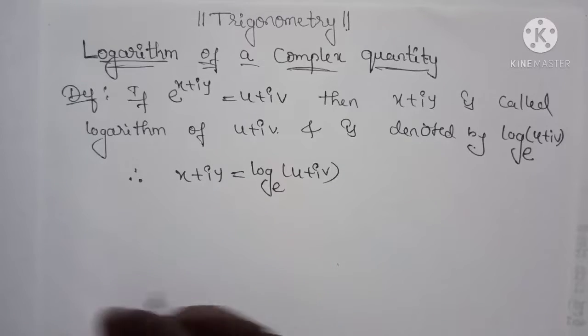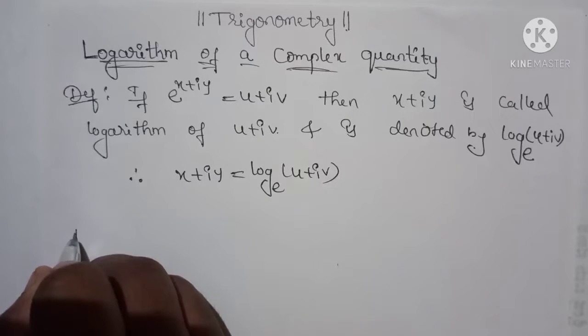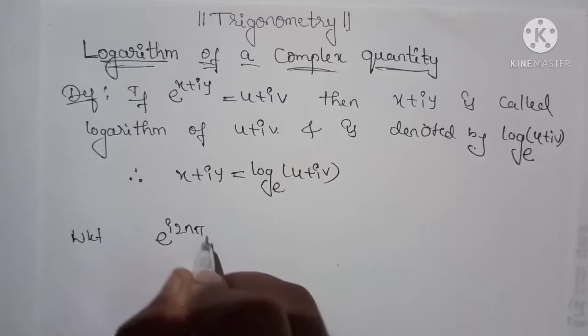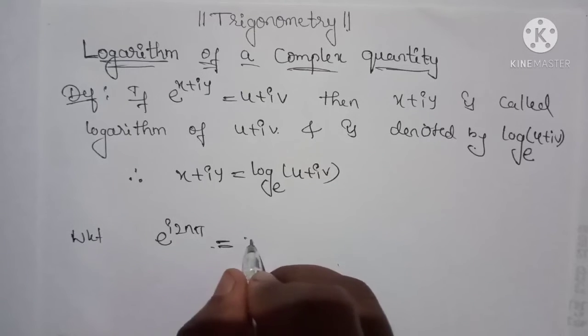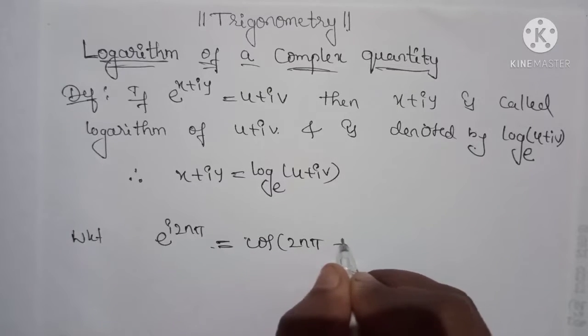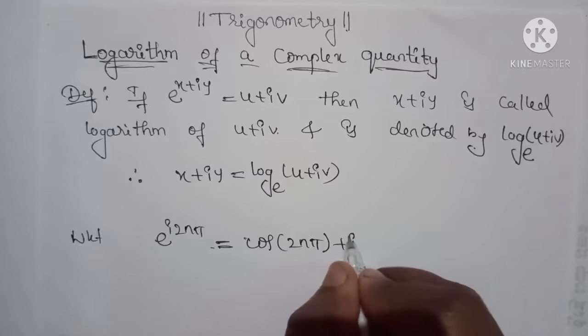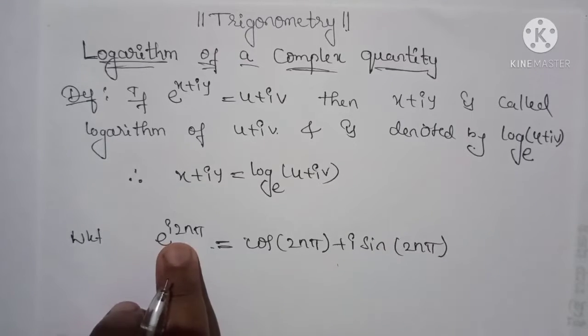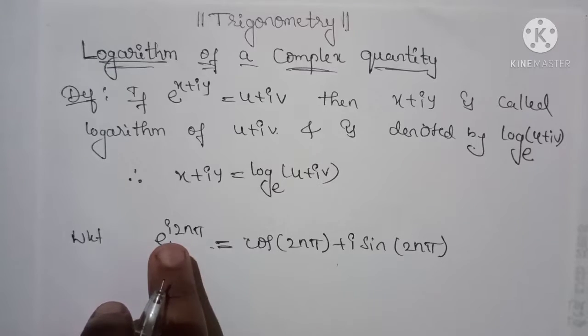Okay, now we know that e raised to i 2n pi can be written as cos 2n pi plus i sin 2n pi. So this is the polar representation of the complex number.